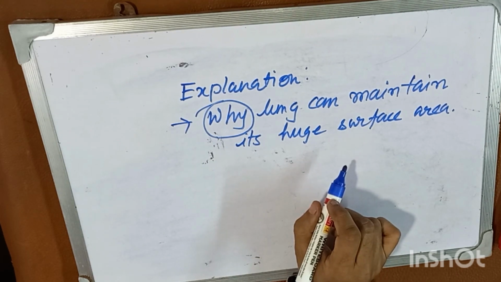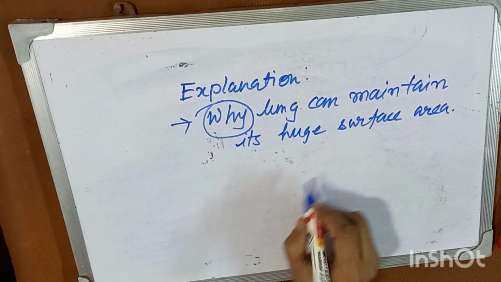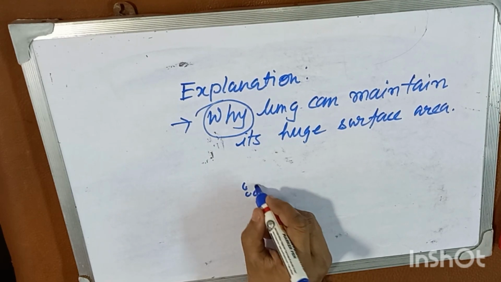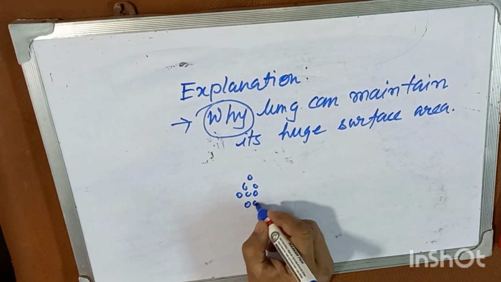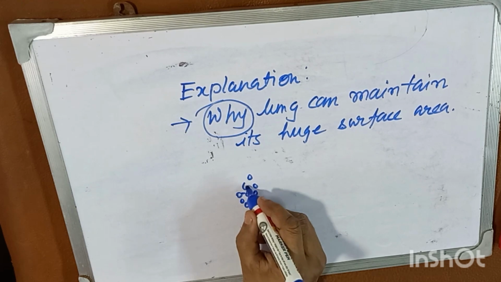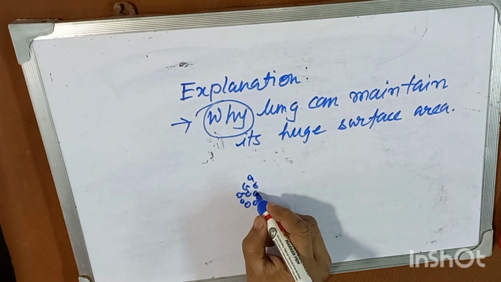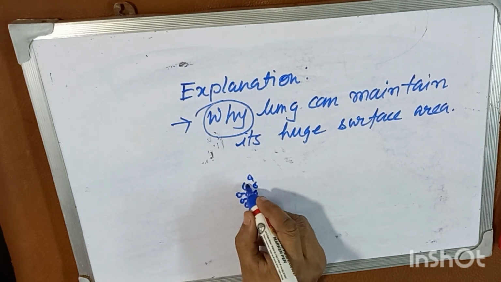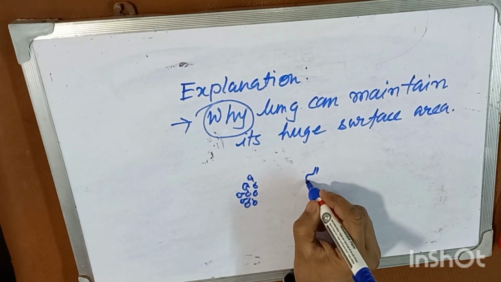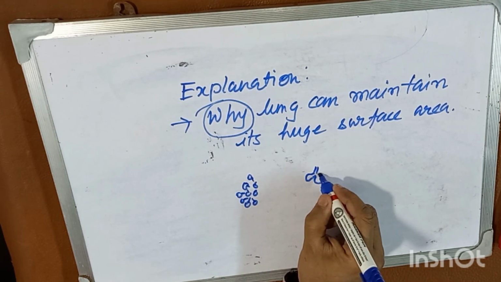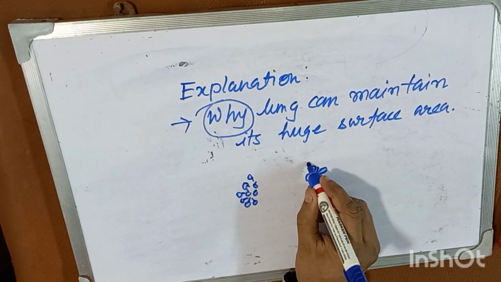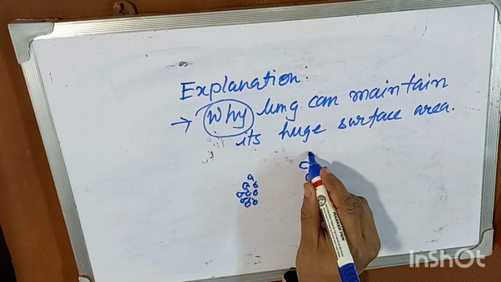Now, as we see, there are millions of alveoli, all connected to one another. They are like this: one here, one here, one here, another one here, another one here.